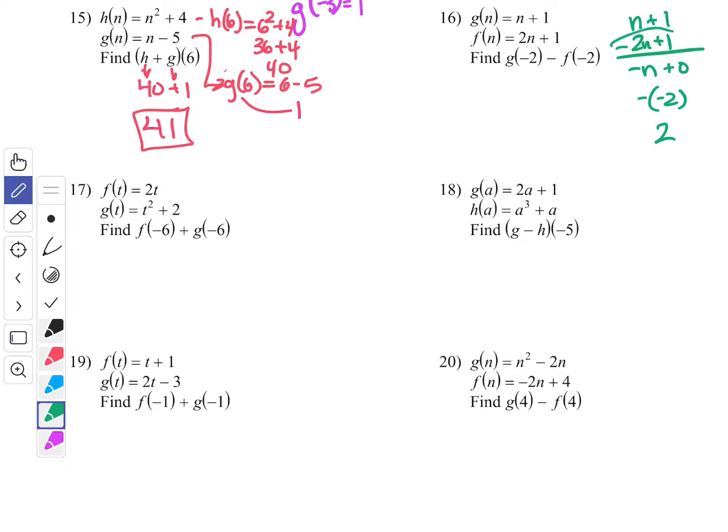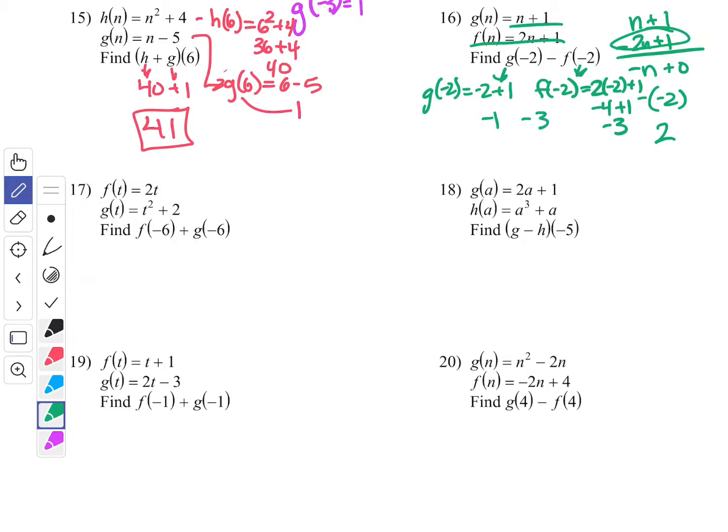Problem is sometimes I mess up when I'm subtracting. So I like doing it separately because then I can evaluate g of negative 2 equals negative 2 plus 1. Negative 2 plus 1 is negative 1. f of negative 2 equals 2 times negative 2 plus 1. 2 times negative 2 is negative 4 plus 1 is going to give us negative 3.